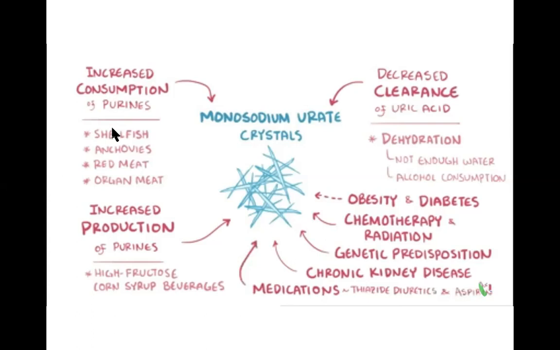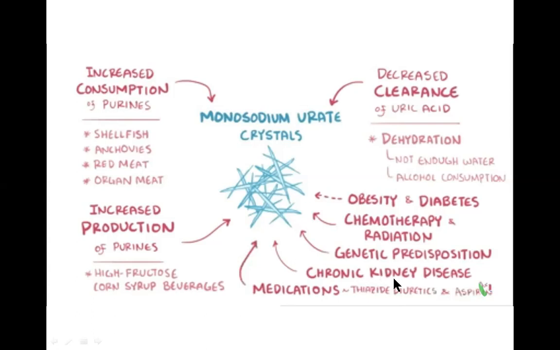Another cause is that regular intake of purine containing foods causes obesity and diabetes. That in turn causes monosodium urate crystal formation. Some other reasons like chemotherapy and radiation also cause an increased level of uric acid. Some people have a genetic predisposition, inheriting a tendency to have more uric acid, which in turn forms monosodium urate crystals in larger quantities.